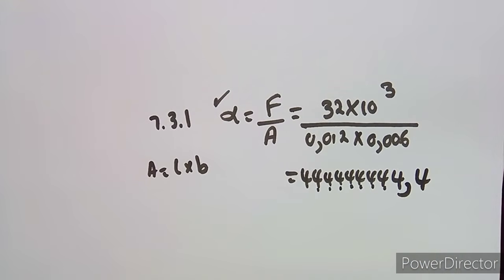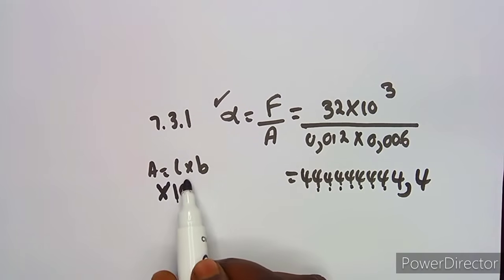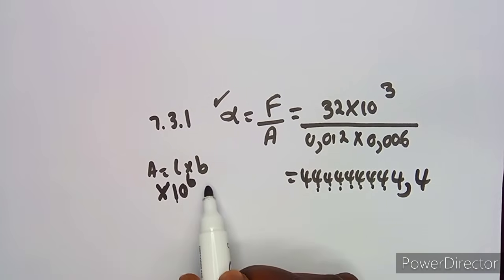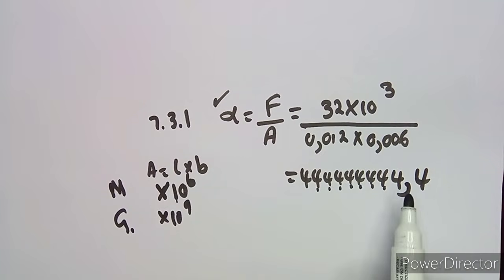So you can actually convert this. Remember, guys, you just see if it is possible to leave it. 10 to the power 6, we said it represents what? That's mega. 10 to the power 9, that's a giga. So in this case, how many digits do we have before the comma?